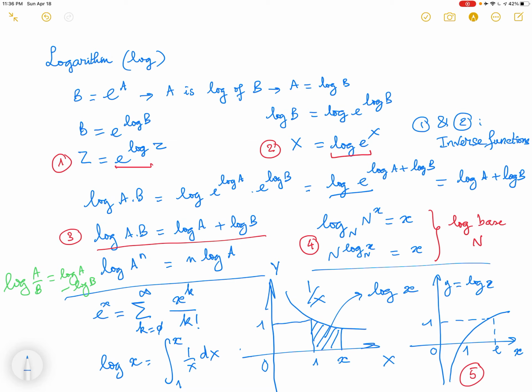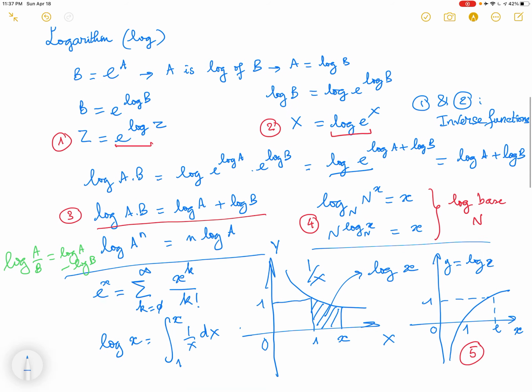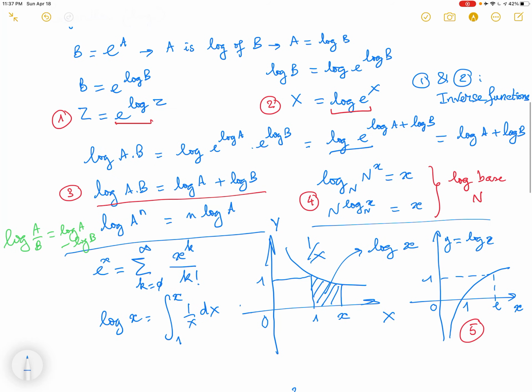Logarithm is defined in one of two ways. The actual definition is that log of x is defined as the area under the curve 1 over x between point 1 and point x.